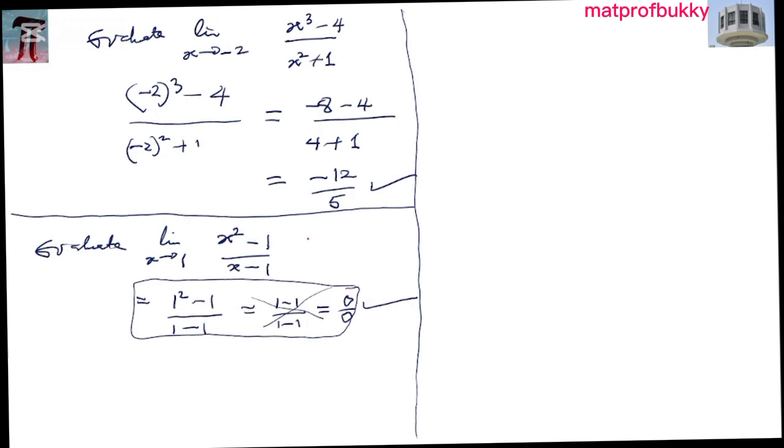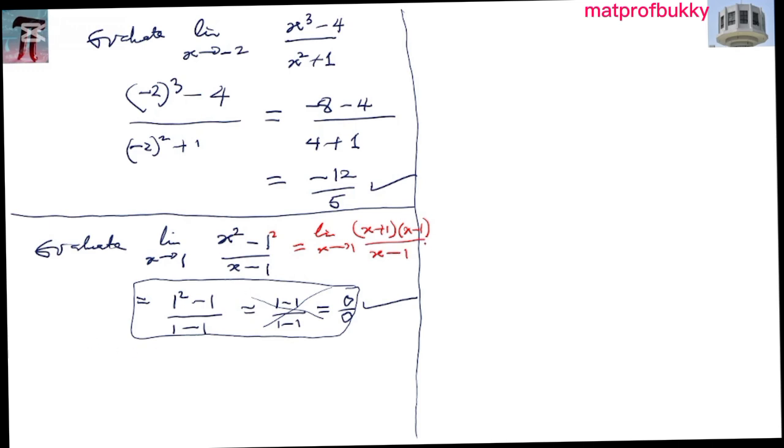What you can do is use the difference of two squares, because we can write this as the limit as x tends to 1 of x plus 1 and x minus 1 over x minus 1. Remember the difference of two squares, because this is x squared minus 1 squared, the same thing.